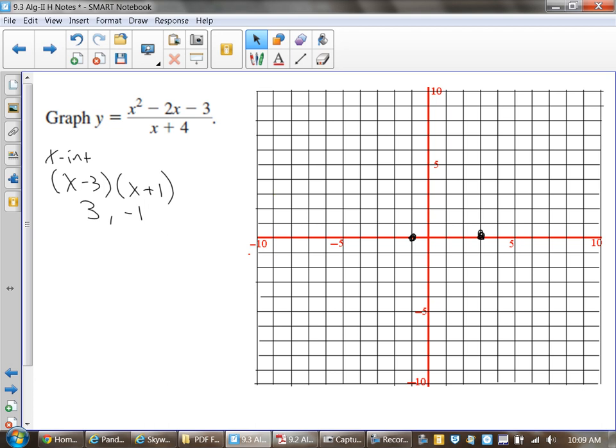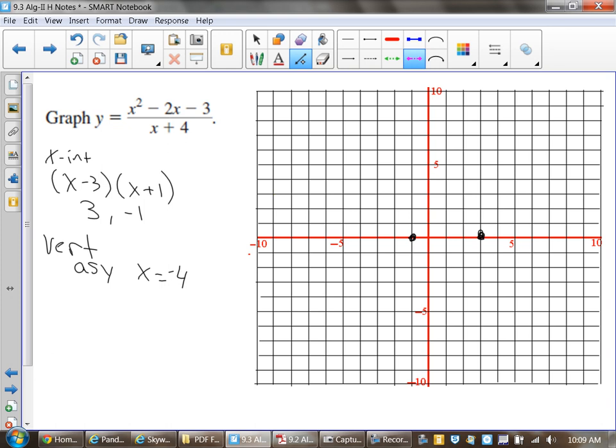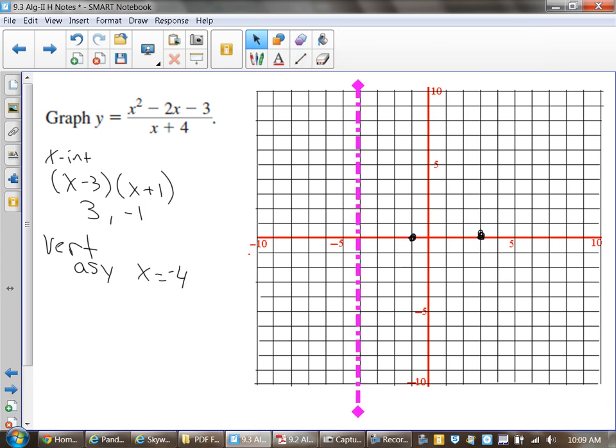Next thing I worry about is my vertical asymptote. It's going to be where? Excellent. At x equals -4. I plot that. And lastly, do I have a horizontal asymptote?